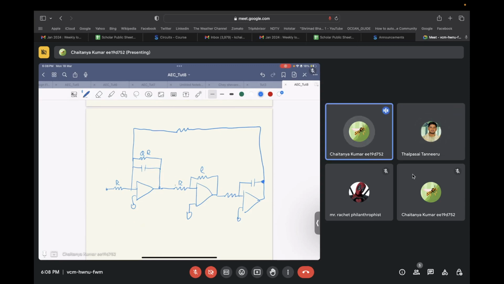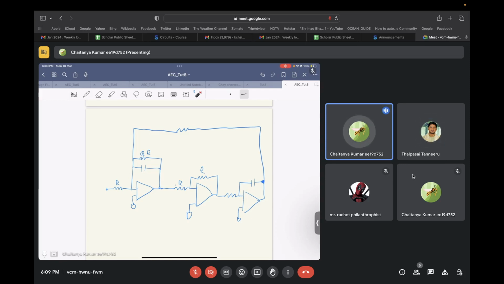One thing you should make sure is that there is a big loop over here that encompasses the complete filter, and there are three small local loops in this. In order for your circuit to actually be stable, you should make sure that each of the small loops and the overall big loop all have negative feedback in place.